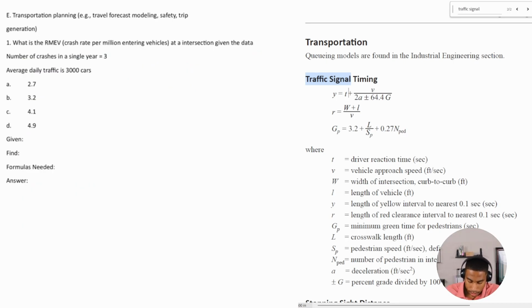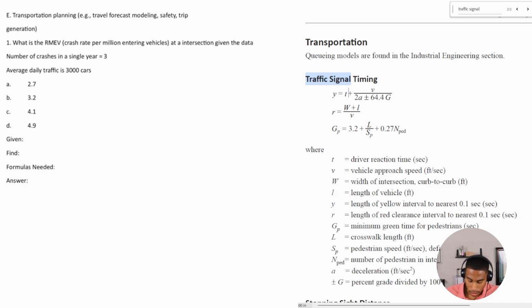Okay, so number 1 says, what is the RMEV? That's the crash rate per million entering vehicles at an intersection given the data. The number of crashes in a single year is 3, and the average daily traffic is 3,000 cars.